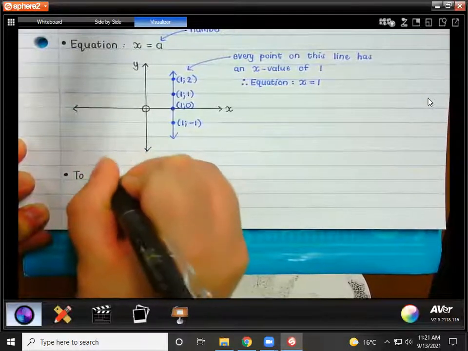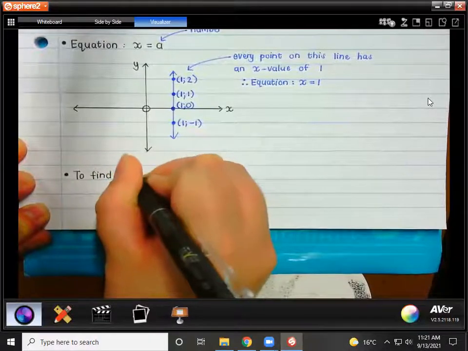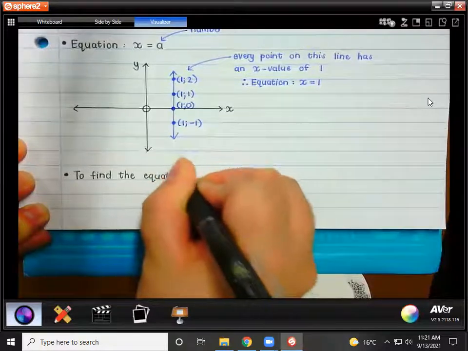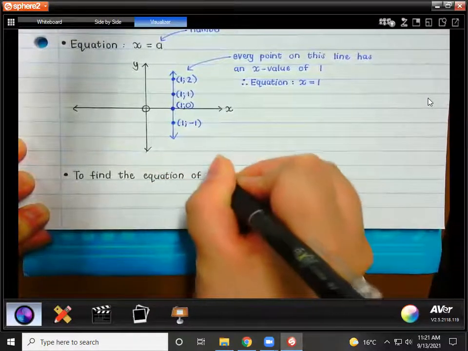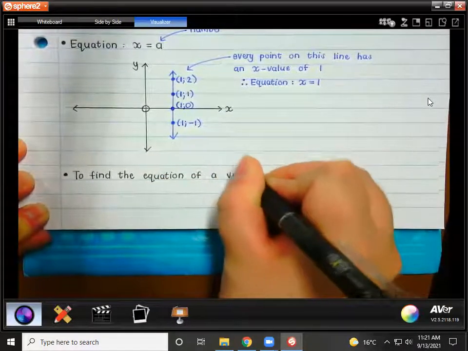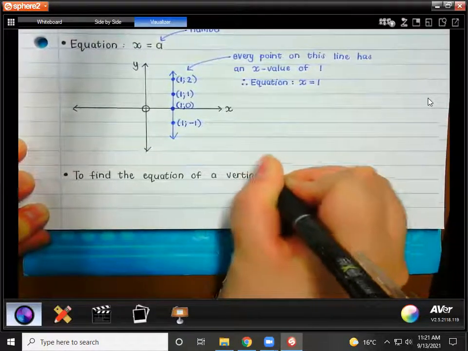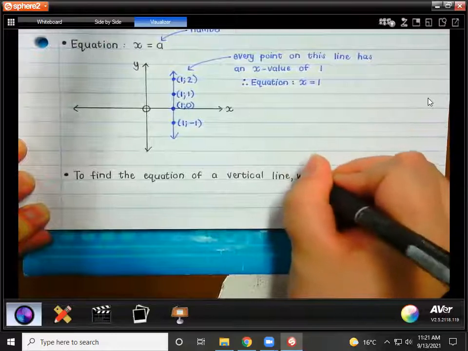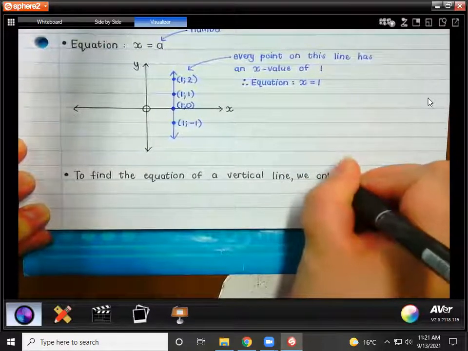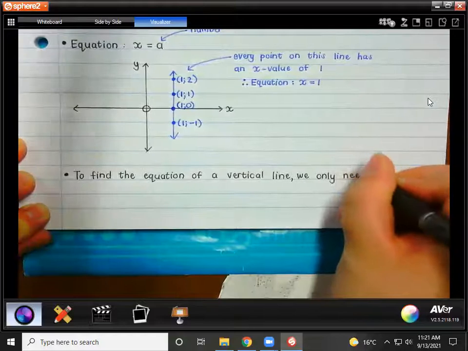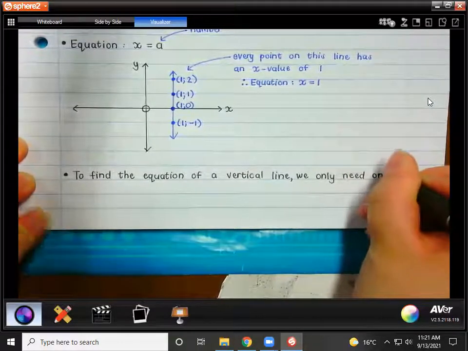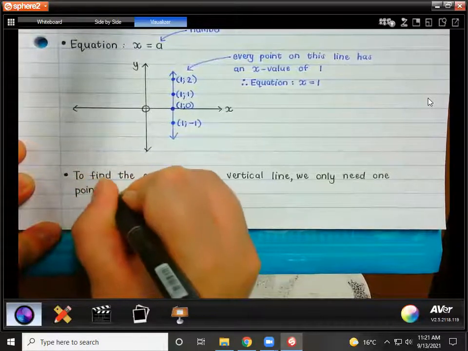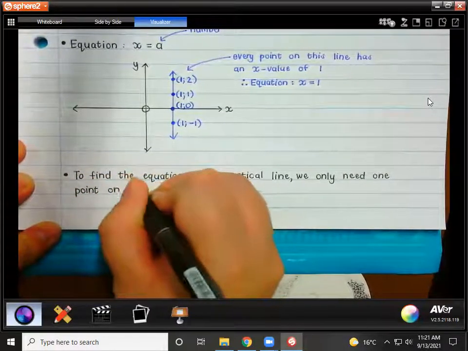So to find the equation of a vertical line, we only need one point on that line.